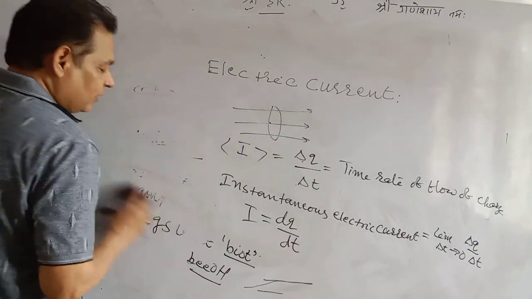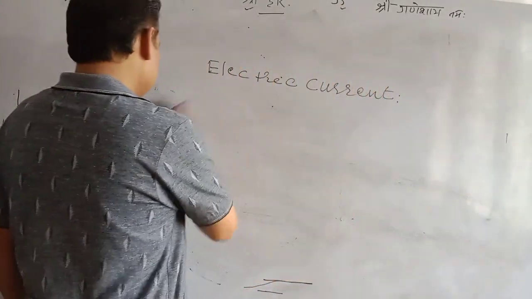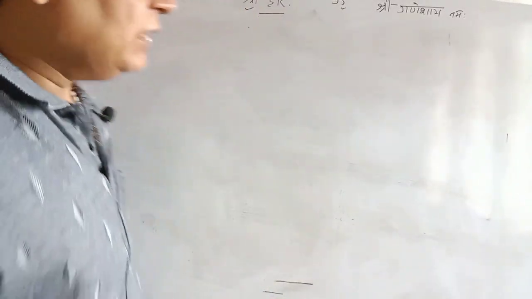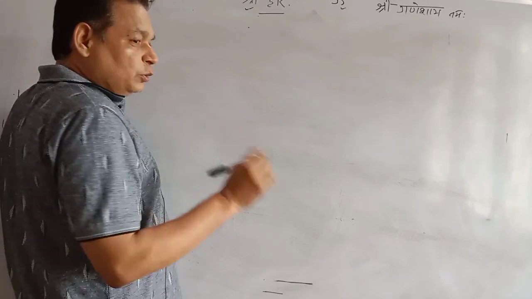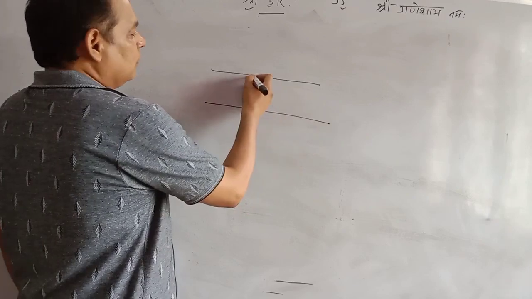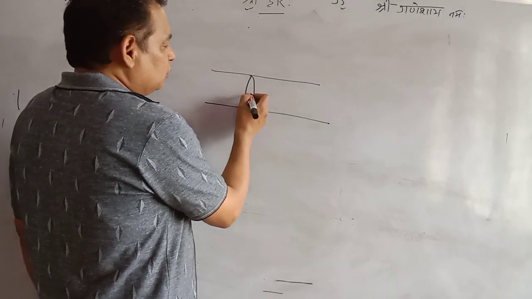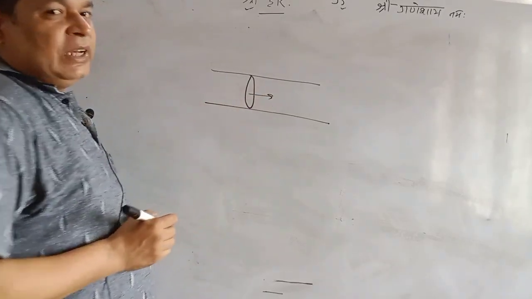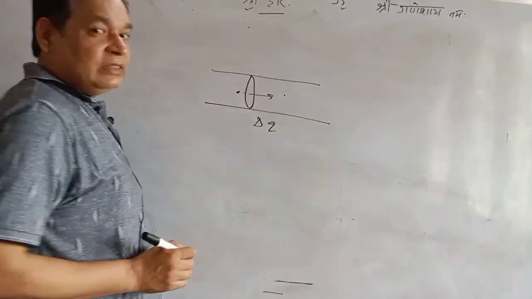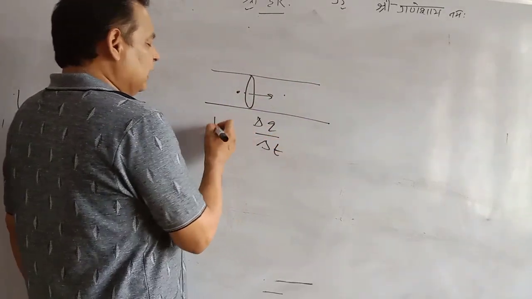This is current, and electric current is caused due to continuous flow of charges through a conductor and charge passes through a given area. If in delta t, charge delta q passes from one surface to another opposite surface, then delta q by delta t will give you electric current.